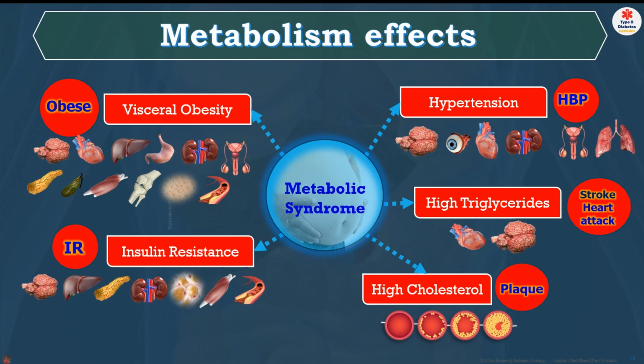And if you have obesity or visceral obesity, it will affect your brain, your heart, your lung, your stomach, your kidney, your reproductive system, your pancreas, your muscle, your bone, your skin, and your blood vessel. Okay, it's a lot of things that are happening.